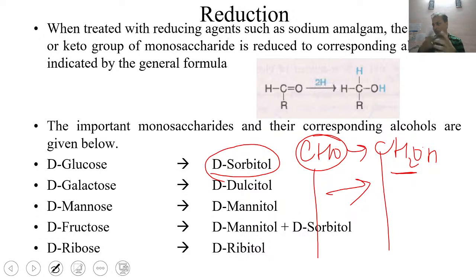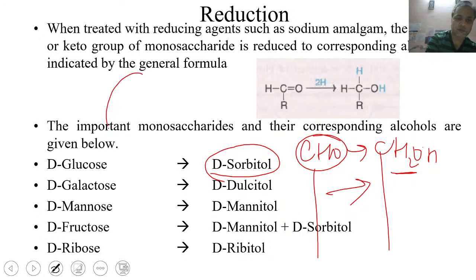Sorbitol has a very hygroscopic nature, so it absorbs moisture from the surroundings. In our eye especially, it will collect water from the surroundings, and when water is there, the cell will swell up.